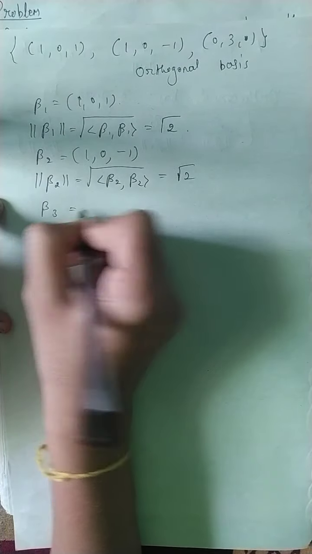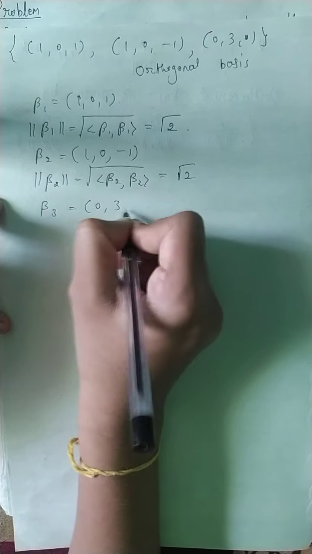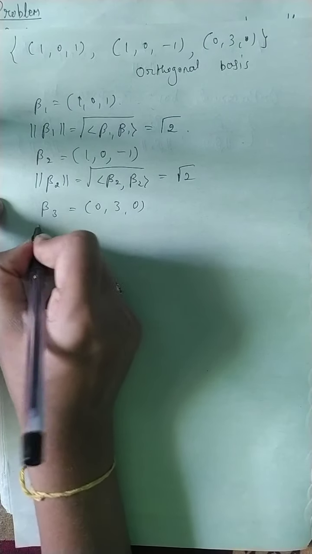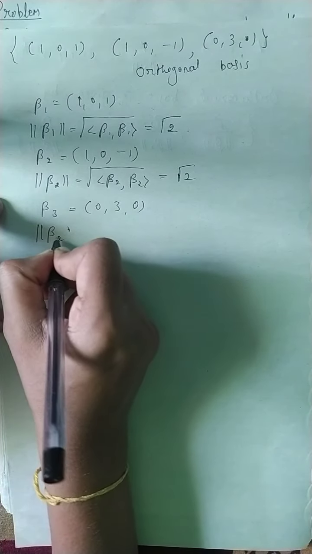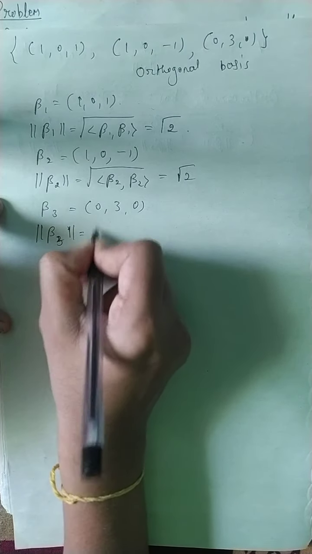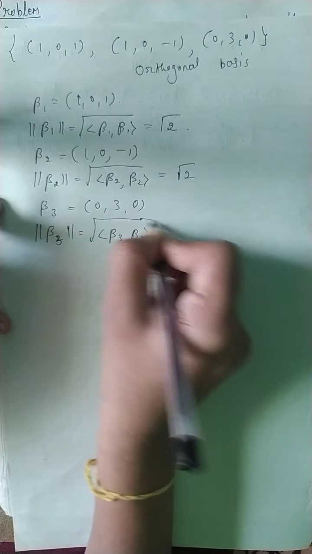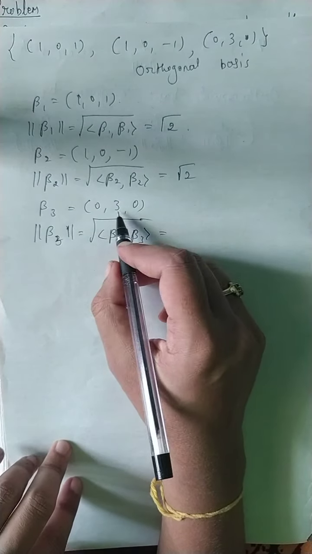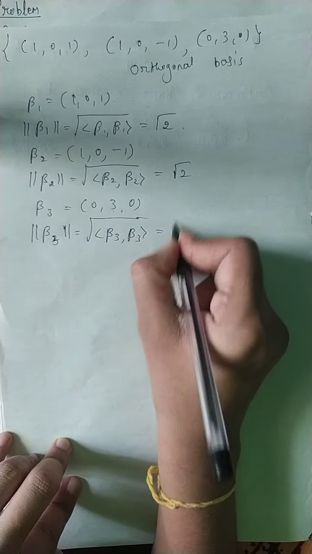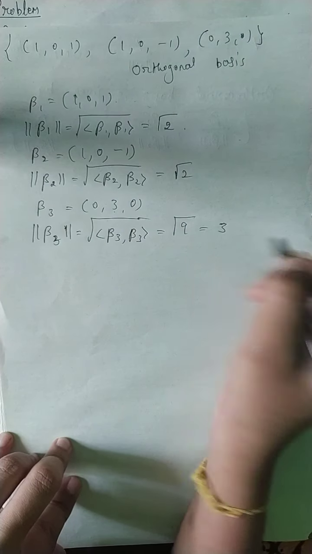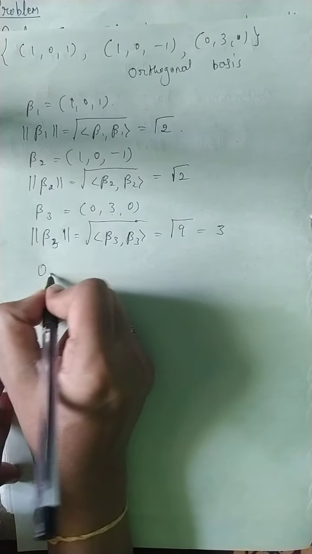Next, beta 3 is 0 3 0, and its length is the square root of the inner product of beta 3 comma beta 3, the square root of 9, which is 3.